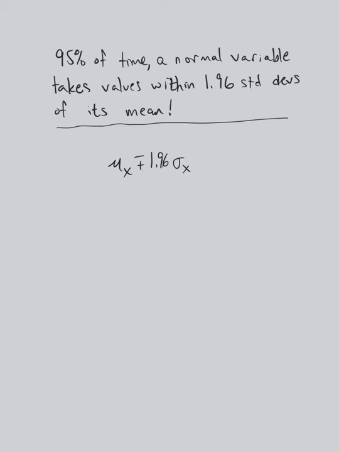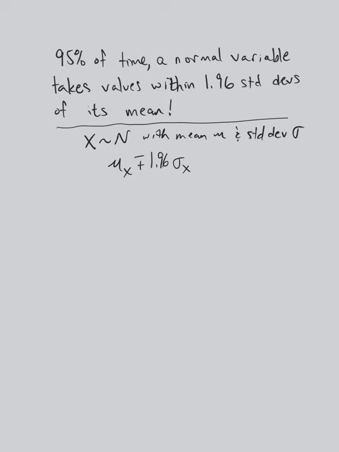Okay, by the way, 1.96 rounds to 2, so that's where that rule for the usual range comes from. 95% is usually used to describe normal behavior. Now, here, you've got to remember we're talking about a normal variable. So we have a normal variable with mean mu and standard deviation sigma.